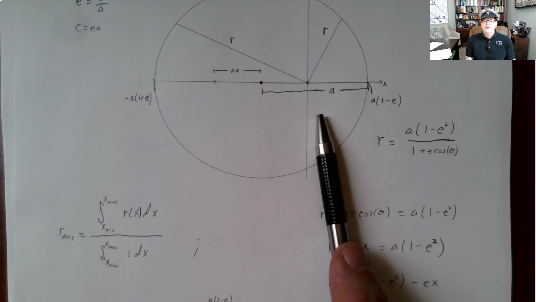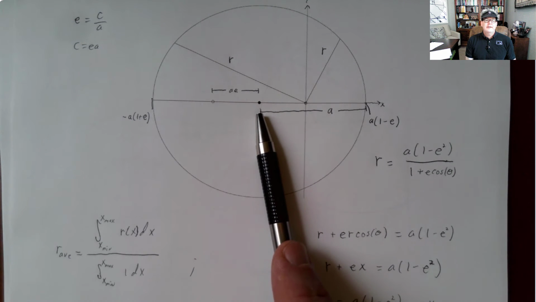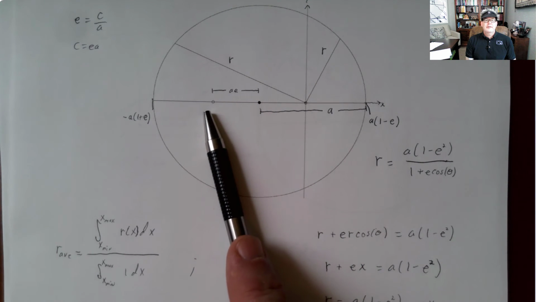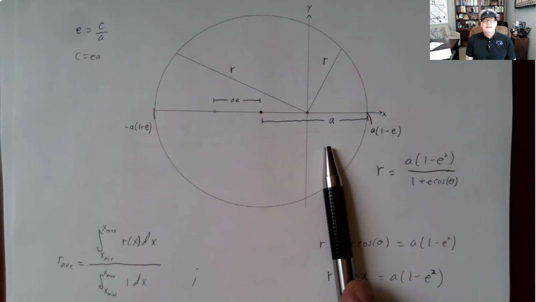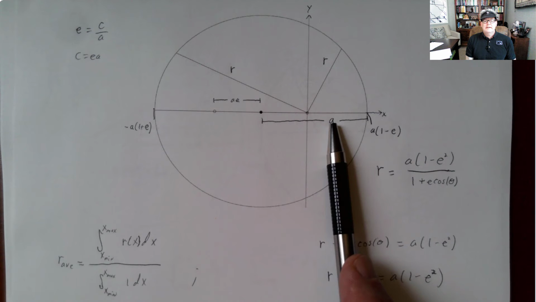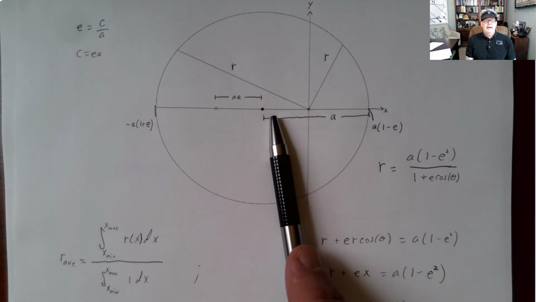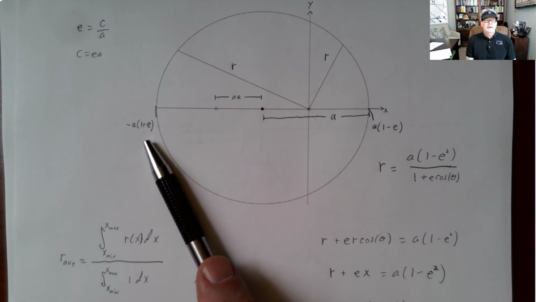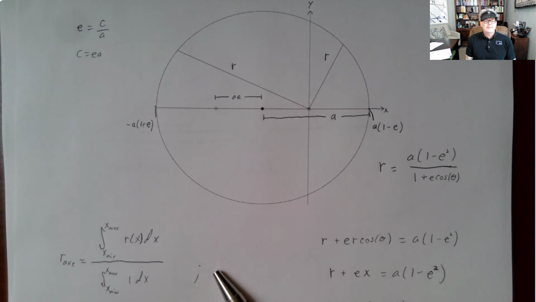Well, a is 1 for my problems. But regardless of what a is, if there's the center, the distance from the center to a focus is c, but c will be e times a. So this is a minus ea, and this is a plus ea in distance, but the x value will be the negative of that if I'm on a coordinate system.